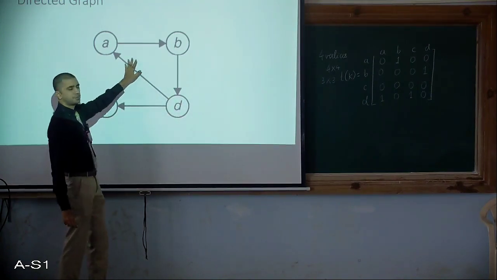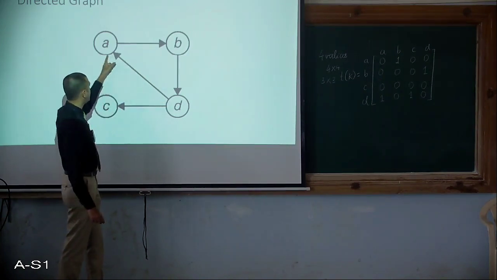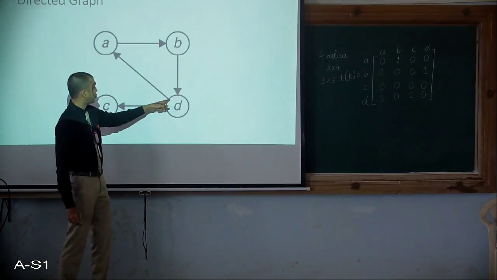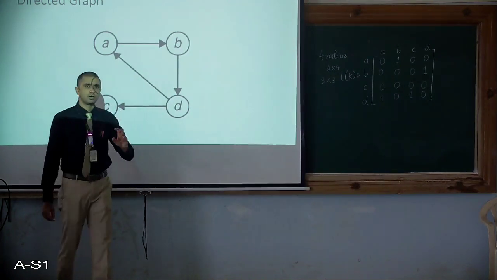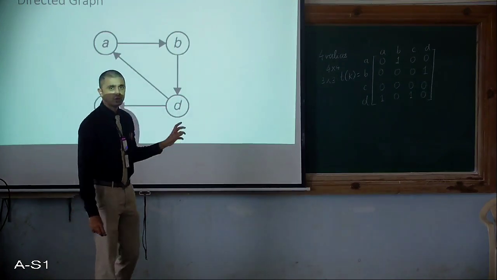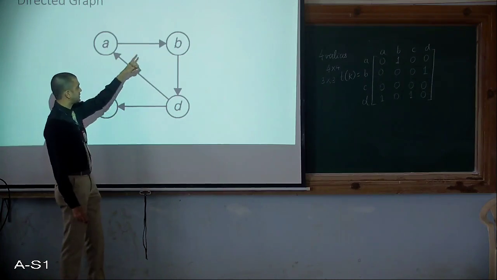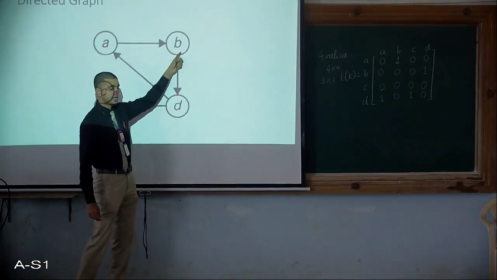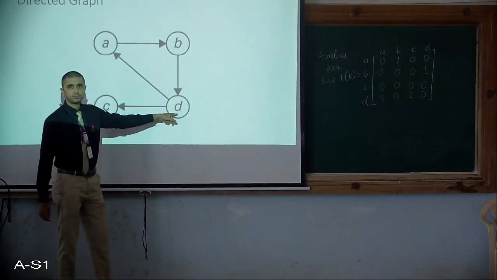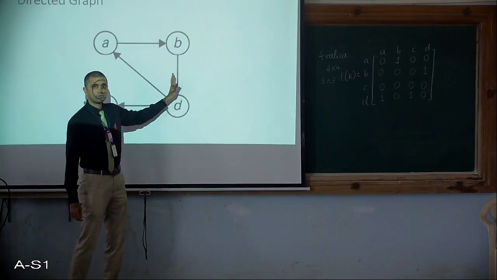Looking at this directed graph, I don't have a direct edge from A to D; it is from D to A. But is there any intermediate vertex using which I can reach D from A? Yes, there is B. I can go from A to B and from B to D. So this is what is called transitive closure.